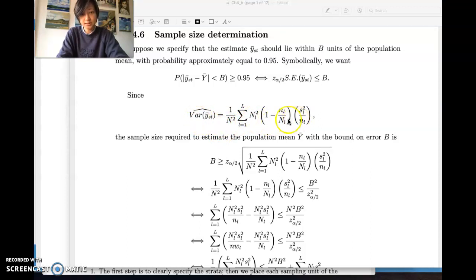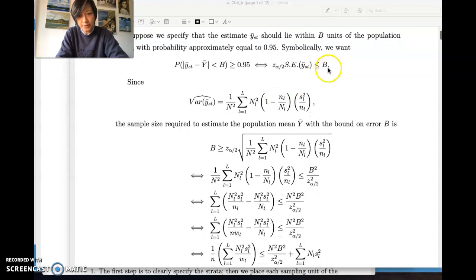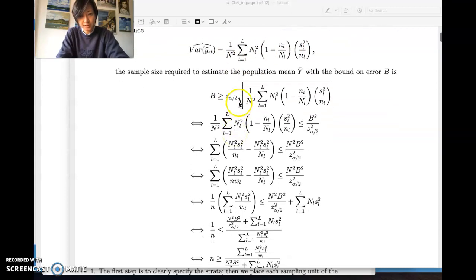Take this and insert it into the standard error, which takes a square root of that. It looks a little bit complicated. So b, put on the left-hand side, is greater than or equal to the critical value z multiplied by the square root of the big chunked formula.